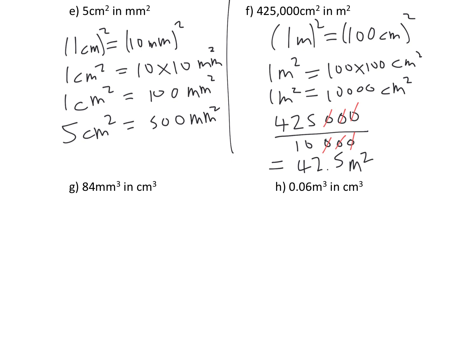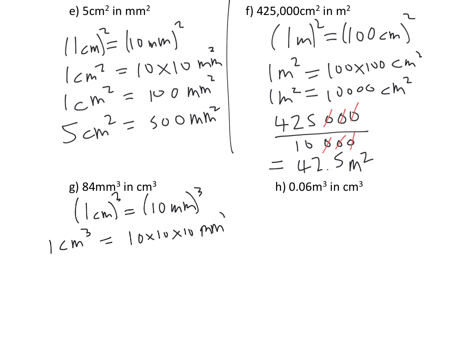Okay, part G, we've got cubic units now. So what do we know about centimetres and millimetres? We know that 1 centimetre is 10 millimetres. If we cube it, 1 cubed is 1, a centimetre cubed is a centimetre cubed. 10 cubed is 10 by 10 by 10, and a millimetre cubed is a millimetre cubed.